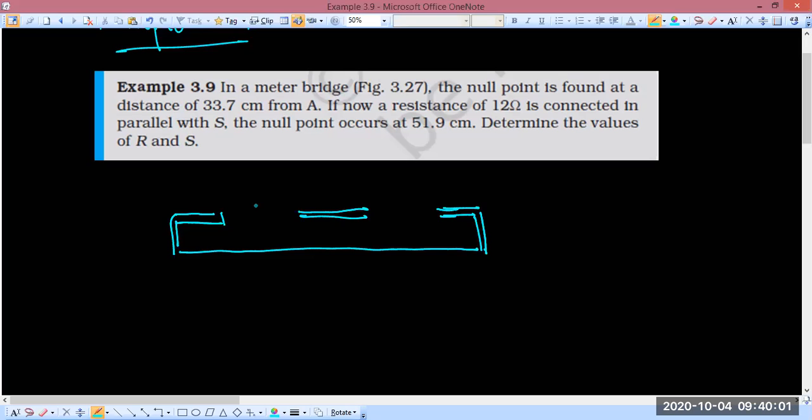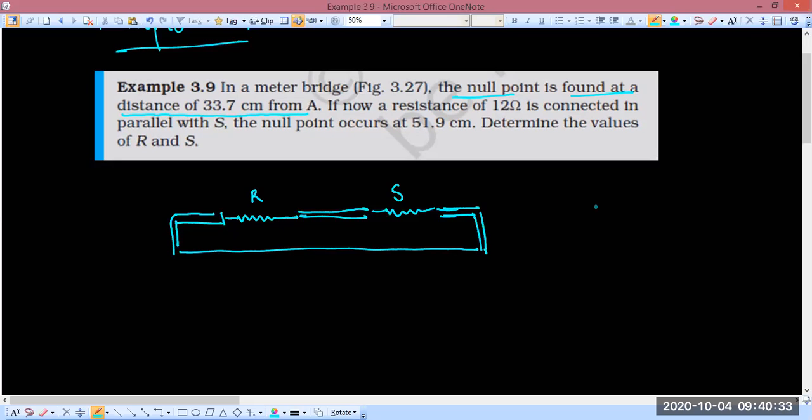Right. So in a meter bridge, the null point is found at a distance of 33.7 centimeter from A. Okay. એટલે અહીંયા R connect કર્યું હતું, અહીંયા S. Right? Is that clear? Here we have connected R and S. Okay, at that time, where was the null point?